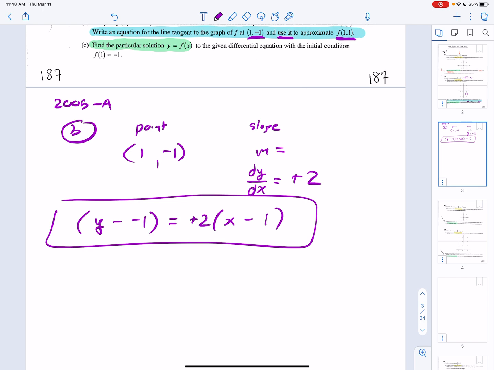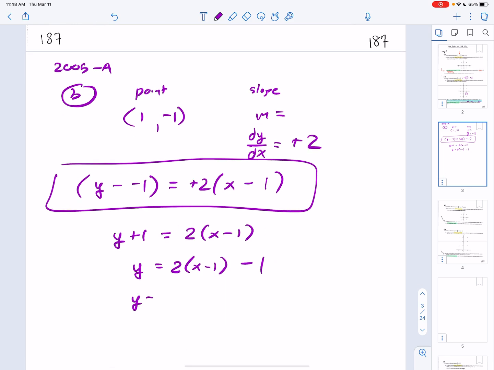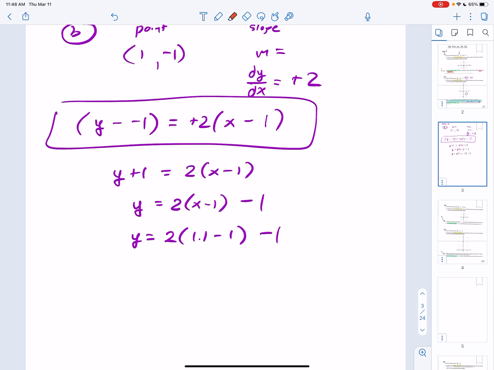So here, since we have to figure out what happens when we have f of 1.1, I actually have to move that plus 1 over. So that's going to be a minus 1 here. But here's what we do. We plug in 1.1 for x. And you can just leave it there because equal is equal.